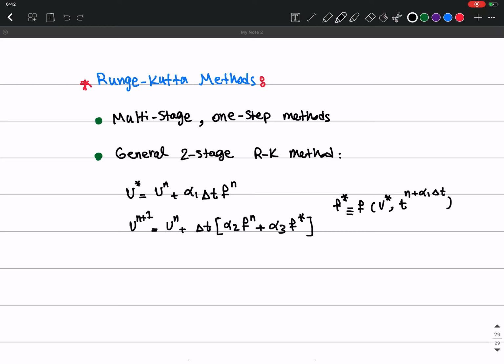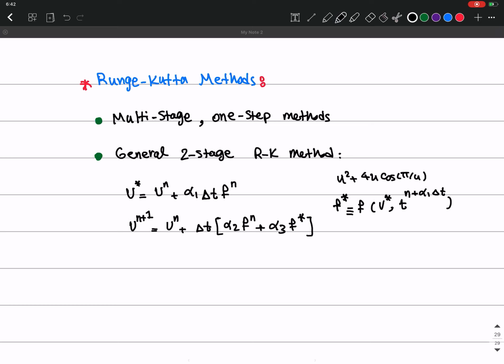But for F star, you first calculate U star here, and f is a general function. It can be a linear function, it can be a nonlinear function. For example, it can be something like u squared plus 4u cosine of pi over u, anything, right?